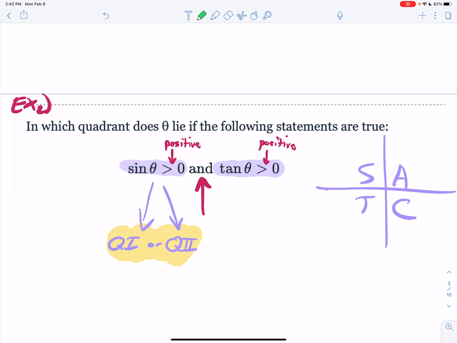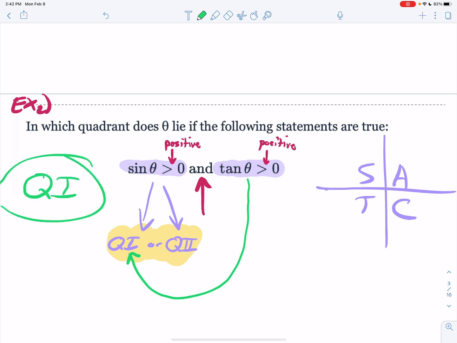Okay, so tangent can only be positive if you're in quadrant 1. So your final answer is quadrant 1 because that's the only time where sine and tangent will be positive. So again, it's a guessing game and you're narrowing it down. Out of the 4, can you think about where you are or where that angle is?